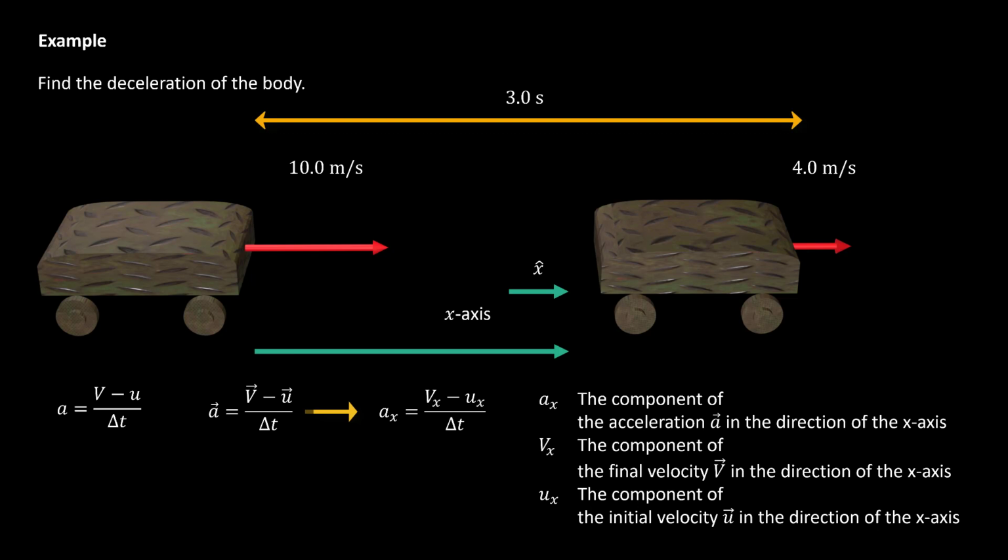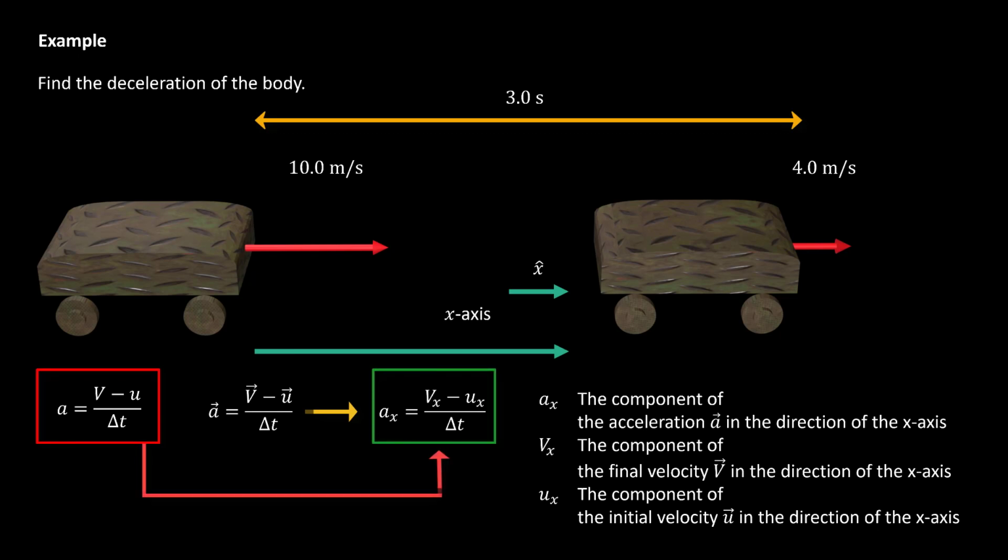Whenever you see the equation for acceleration written as a equals v minus u divided by delta t without any arrow on top of the vector quantities, remember that this equation has to always be interpreted with respect to an axis. So a, v, and u here mean the components of the vectors in the direction of the axis.